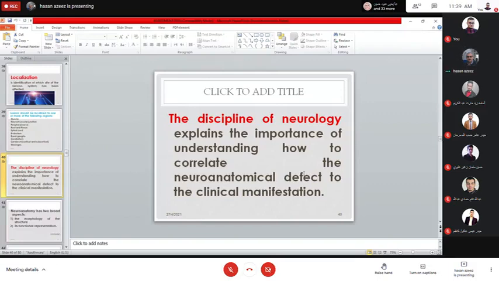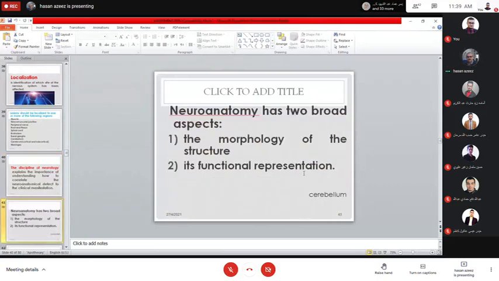Why does a lesion in the cerebellum give us manifestations of incoordination? This is the discipline of neurology. Neuroanatomy has two broad aspects. The morphology of the structure, which Dr. Abdul Karim will give you in the next lecture, for example the motor system, sensory system, cerebellum.